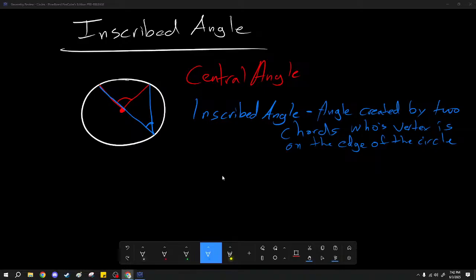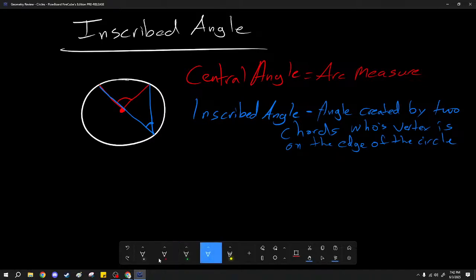Anyway, there's no real connection. There's no real equation. It's just how they are related to one another. So a central angle is equal to the arc measure. An inscribed angle does not equal the arc measure.